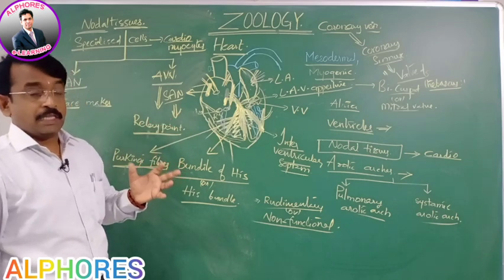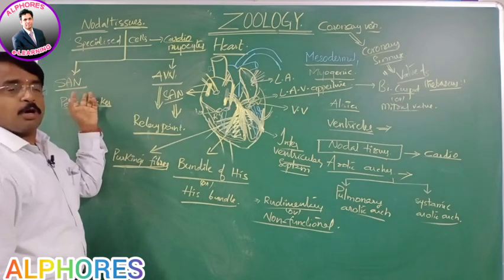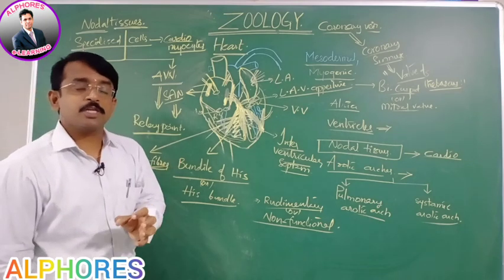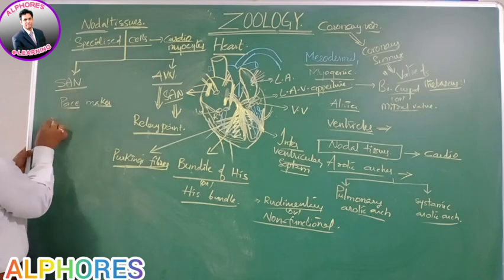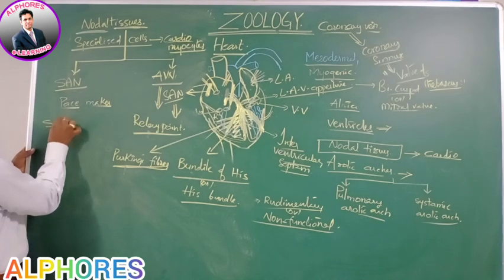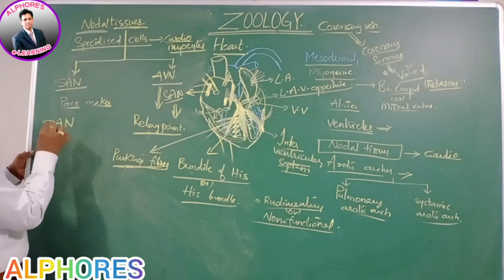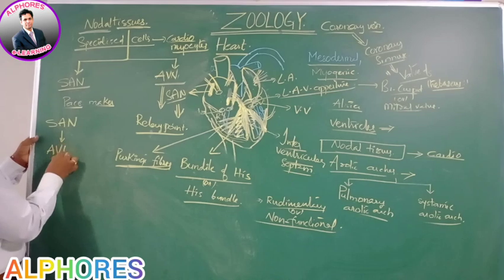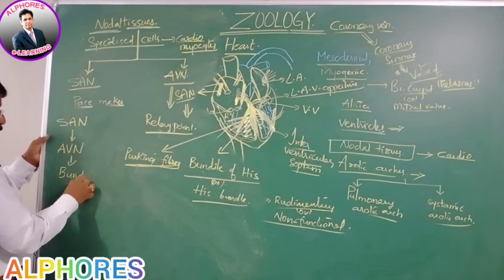So the SAN, sinoatrial node, initiates the action potential, which is sent into the AVN. AVN is connected to the bundle of His.